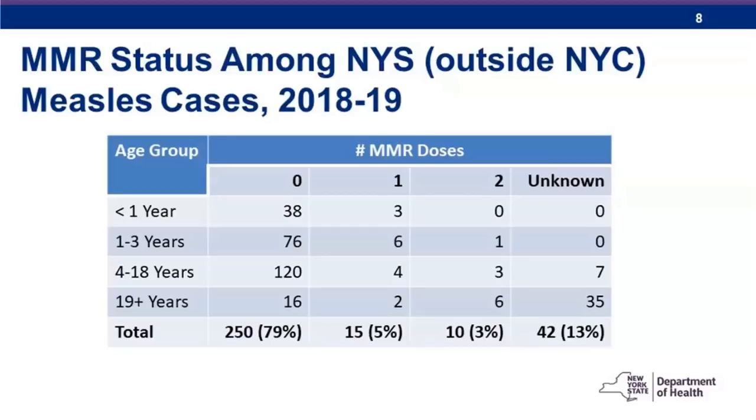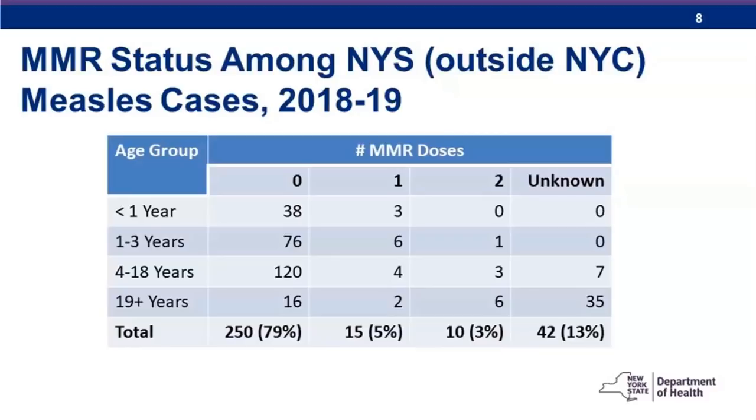most of them adults, who did not know whether they were vaccinated and couldn't find any kind of record or evidence one way or another. It's not uncommon that adults don't know their vaccine status. A lot of people just don't hang on to those records after they graduate from school.